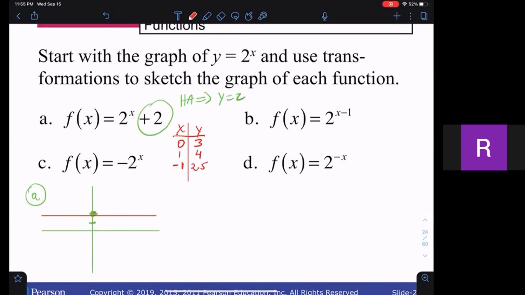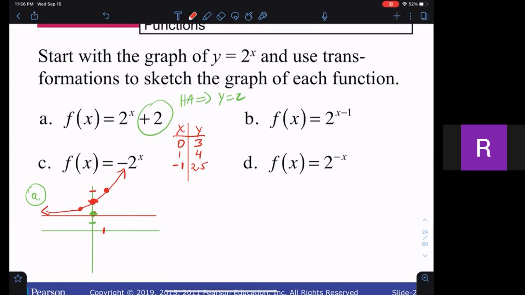So 0, 3, it's about here, right? So 0, 3, 1, 4, that's here. And then you have negative 1, 2.5, right? So that's about here. So you can see the behavior of this function, right? If you want to plug more values, you're more than welcome to plug more.